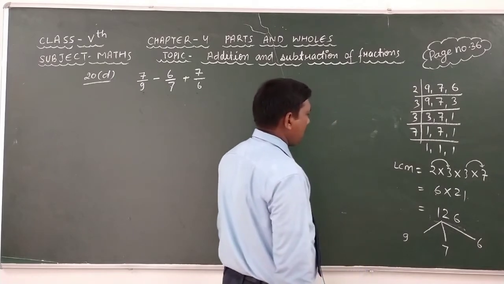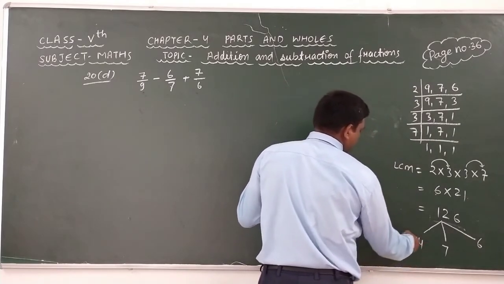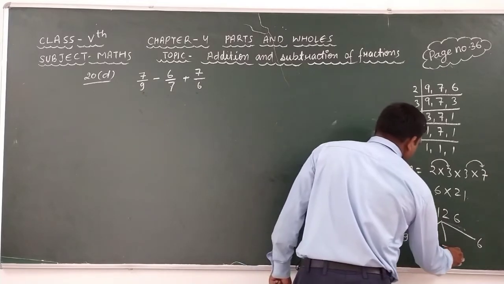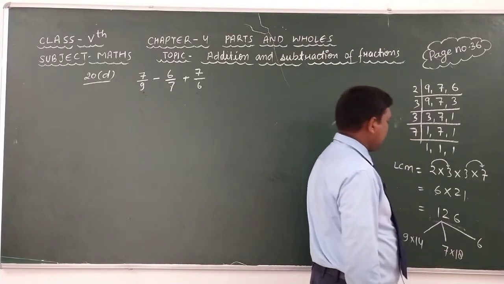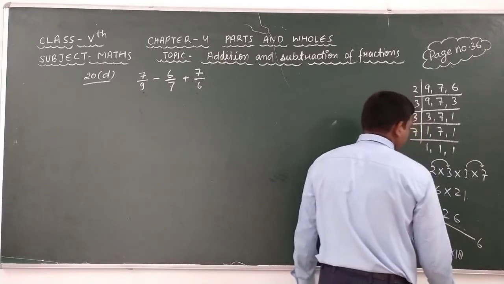Listen, look at it carefully. If we multiply 9 and 14, then we get 126. If we multiply 7 and 18, then we get 126.